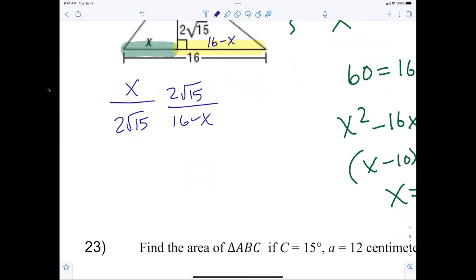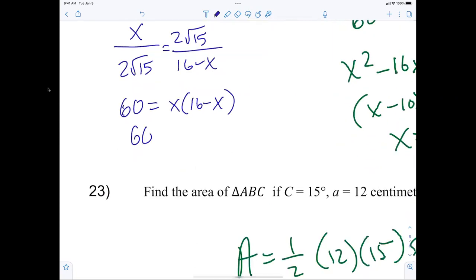Now, when you cross multiply, 2 times 2 is 4, radical 15 times radical 15 is 15. So that was 60 equals x times 16 minus x. 60 equals 16x minus x squared.